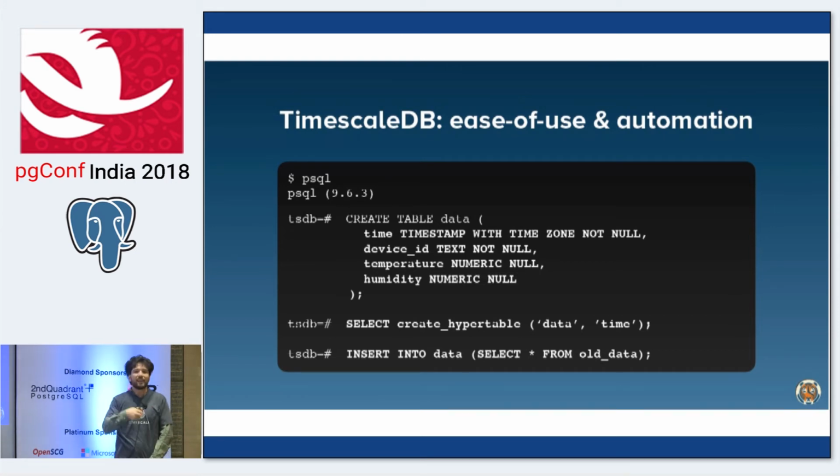So there's not much training even necessary in order to start using Timescale, and migration becomes super easy, because if you have a regular table, you can just do an insert into using a select. So migration from a Postgres table to a hypertable is a one-line command.